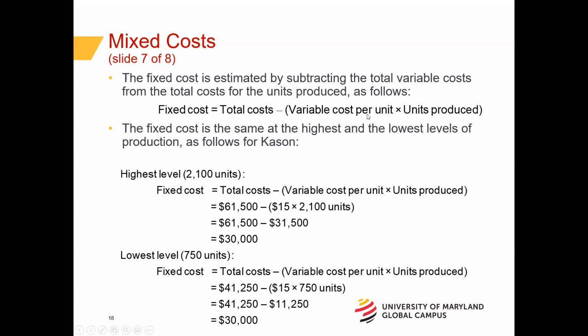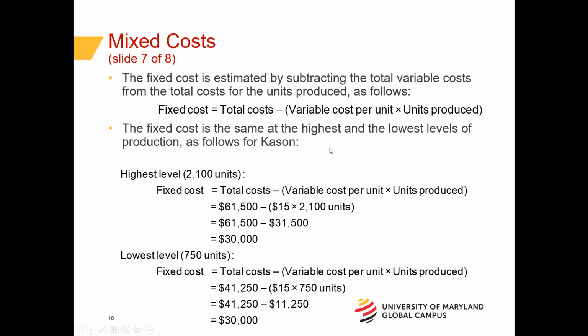Okay, so looking at the high-low method, this is what we do first, and this method actually helps us also to verify that it's correct. We take the total cost minus the variable cost per unit times the units produced.